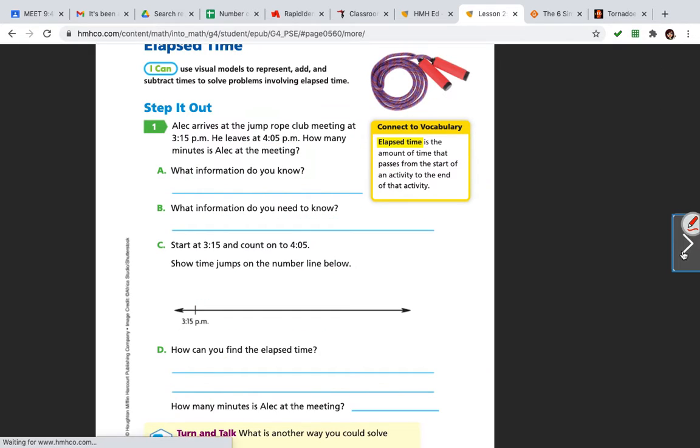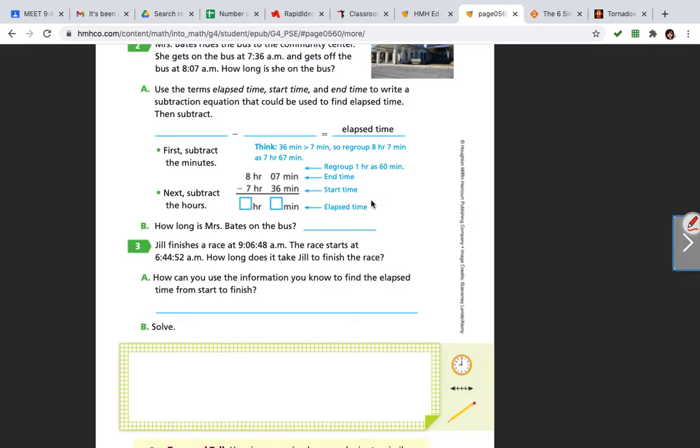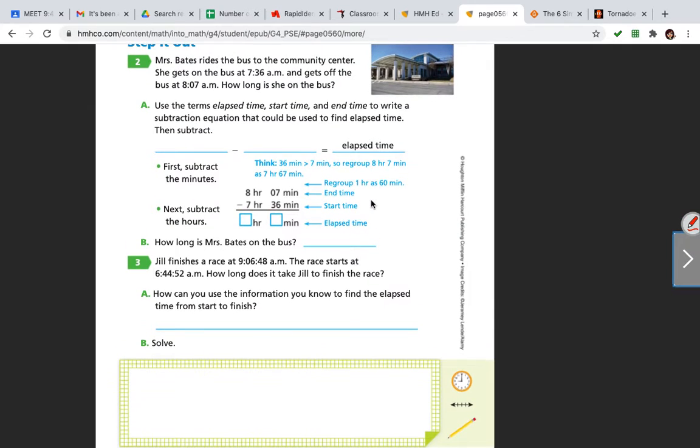So on the next page, question number 2, it says Mrs. Bates rides the bus to the community center. She gets on the bus at 7:36 a.m. and she gets off the bus at 8:07 a.m. How long is she on the bus?